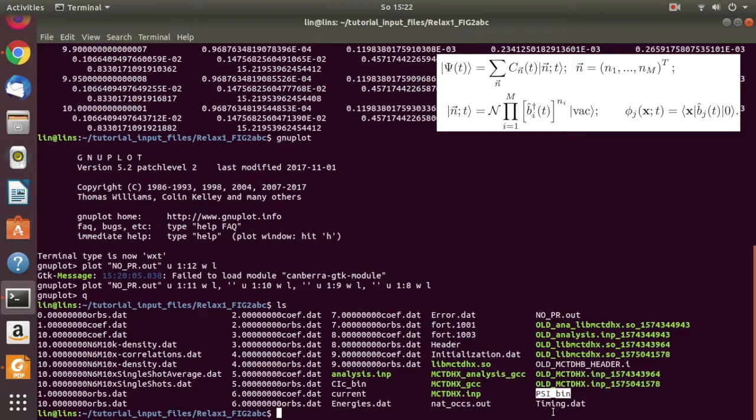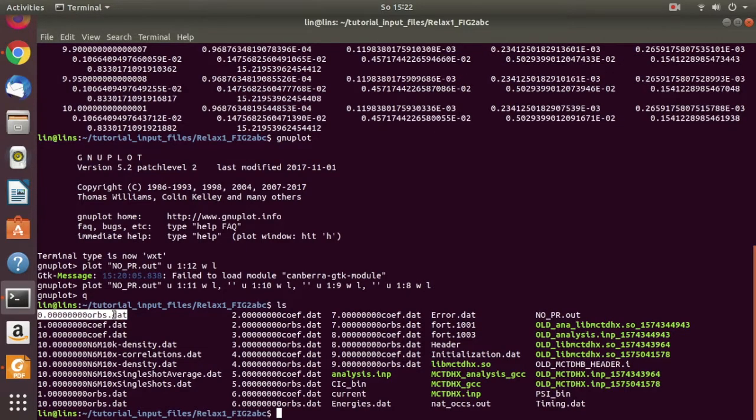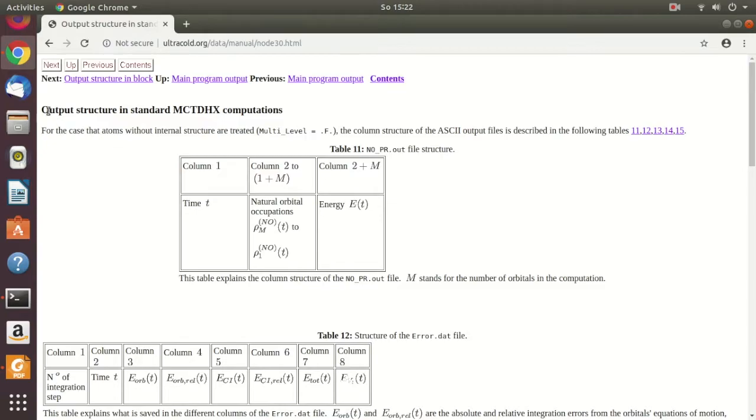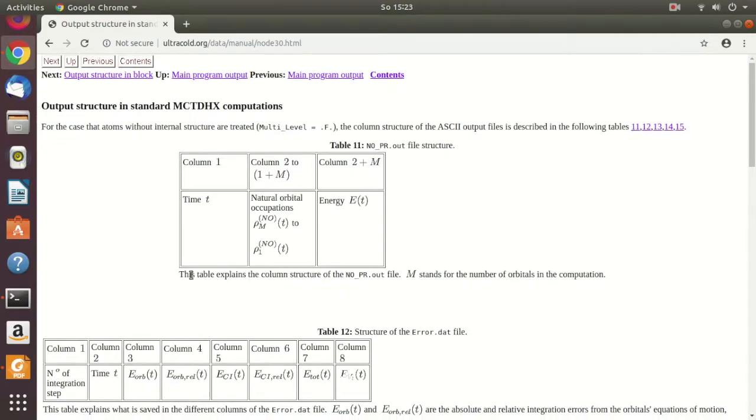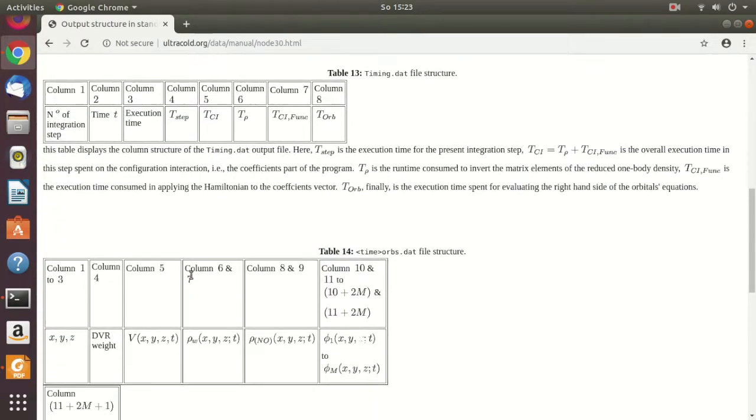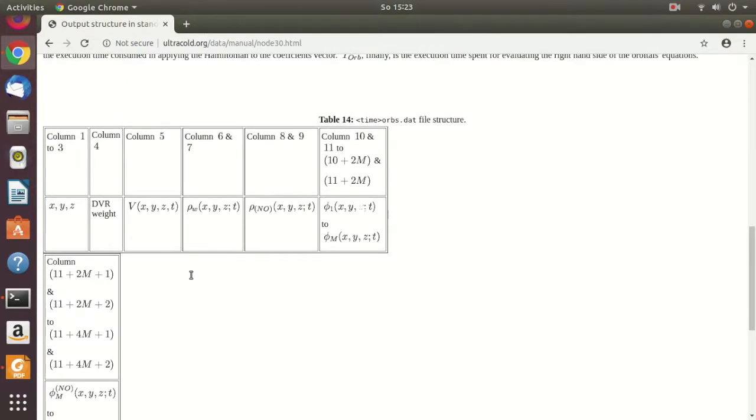And so to look at the output of these ASCII files, orbs.dat and coef.dat files, we can also look at this manual. And we find that in table 14 here, this is the structure of the orbs.dat files.